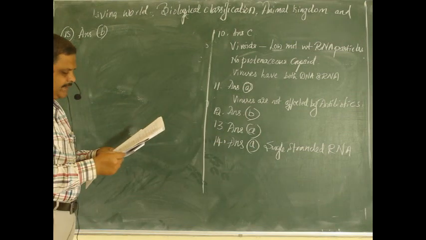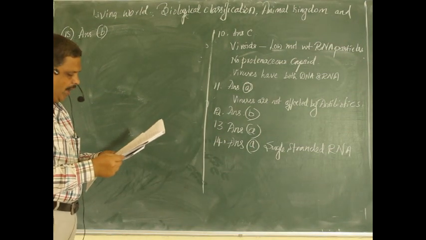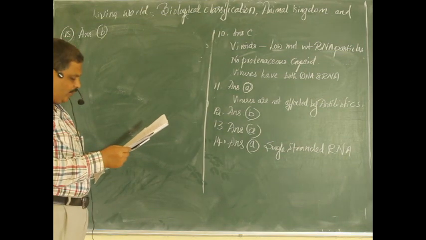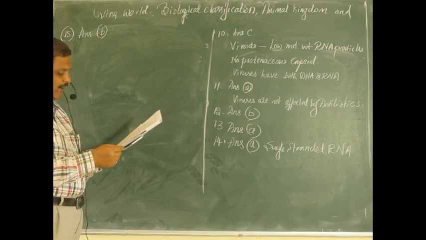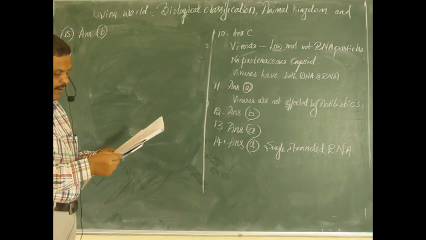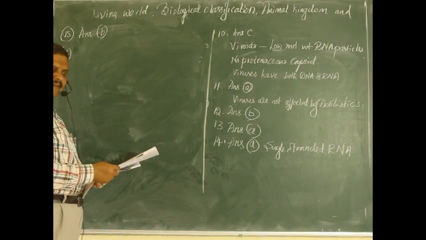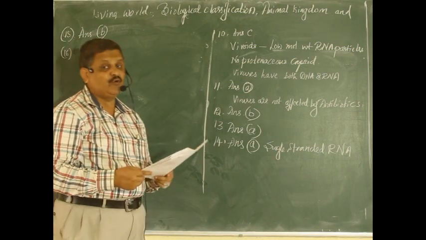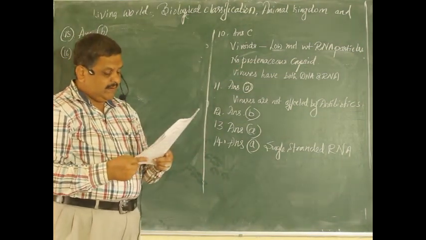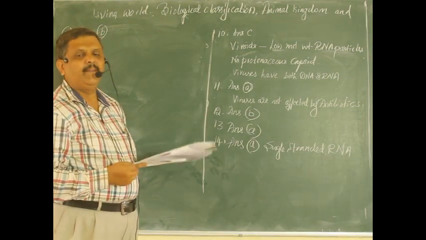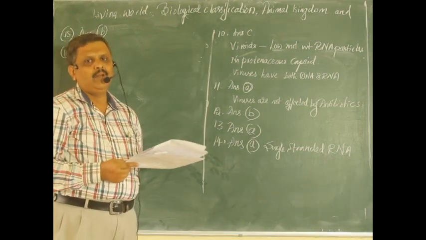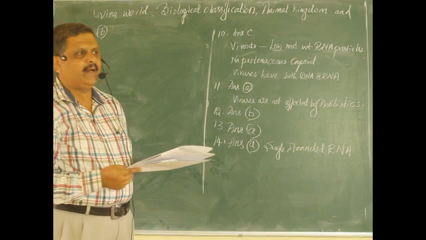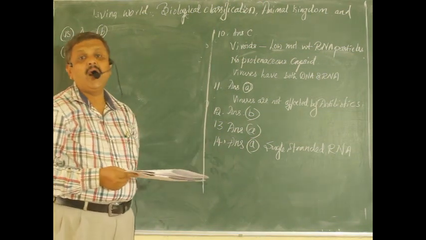Question number 16. The bacteria that causes botulism are option A, obligate aerobes, option B, obligate anaerobes, option C, facultative anaerobes, option D, facultative aerobes. In this type of questions, many students might be confused because they may not know the meaning of botulism. Botulism means food poisoning, and it is caused by Botulina fungus.